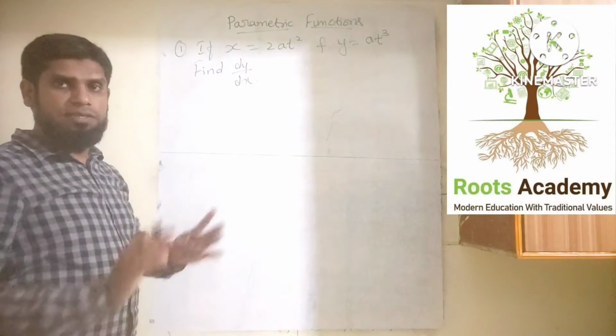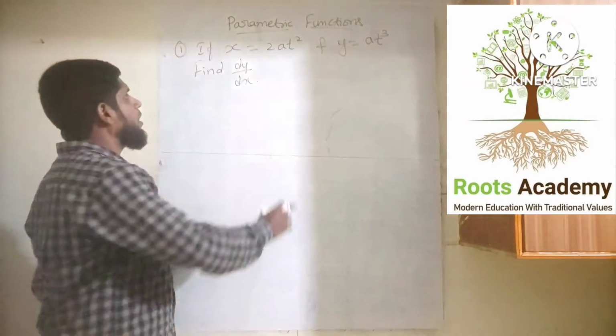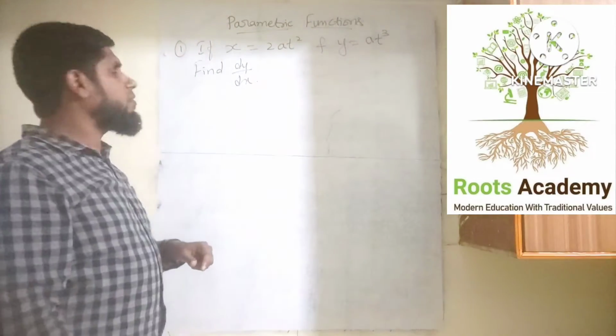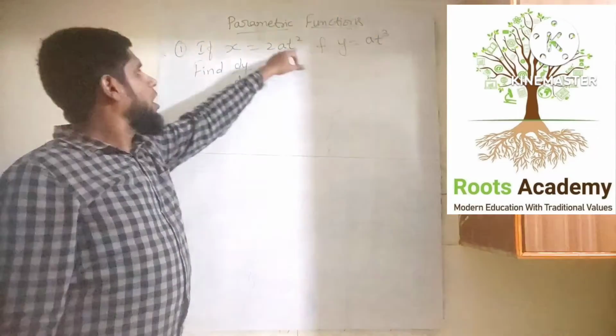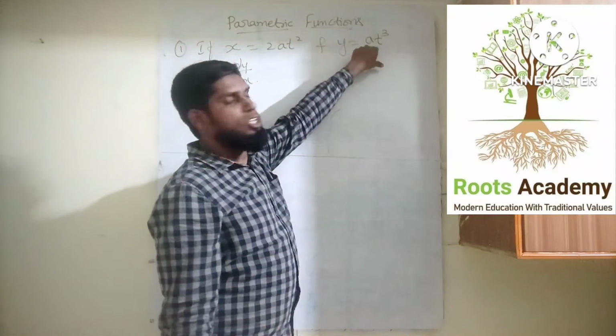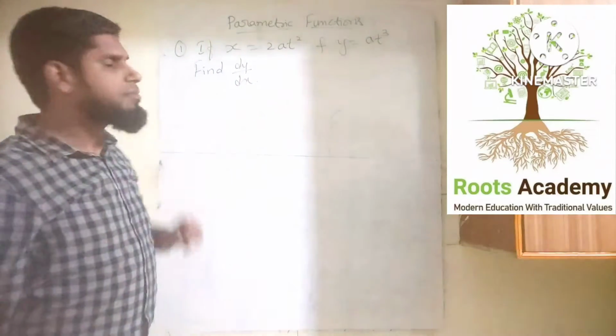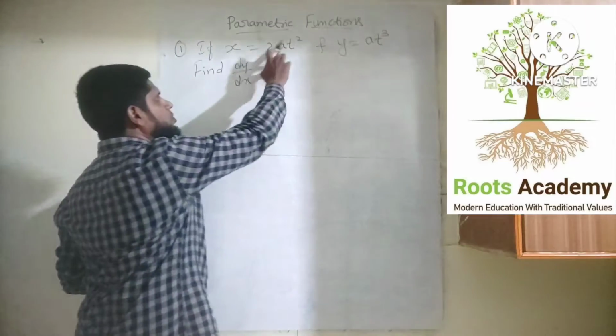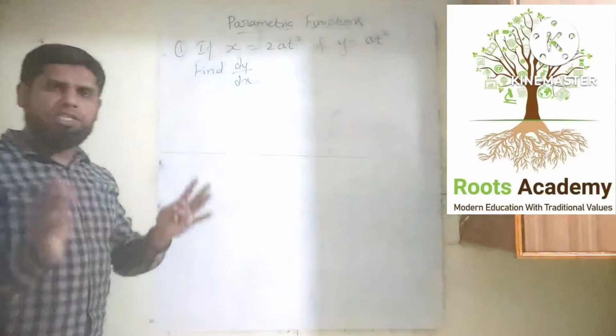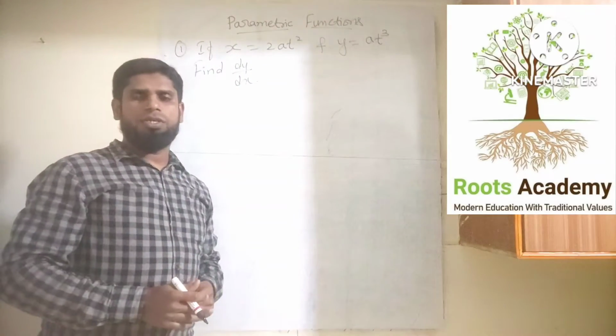Instead of dy by dx, in your examination they can ask the question: find the derivative of the function 2at square with respect to at cube, or find the derivative of at cube with respect to 2at square. In this way also they can ask the questions.